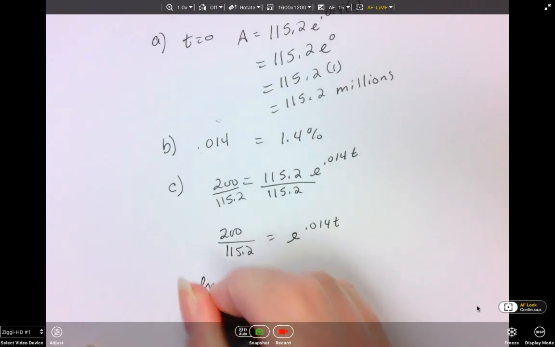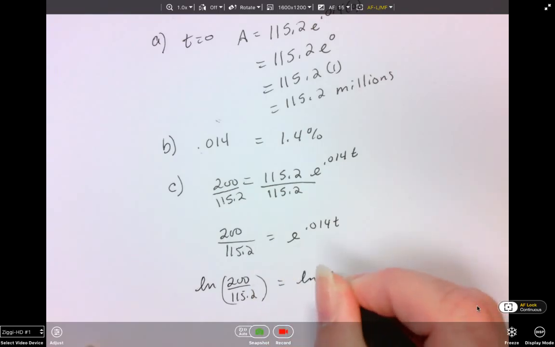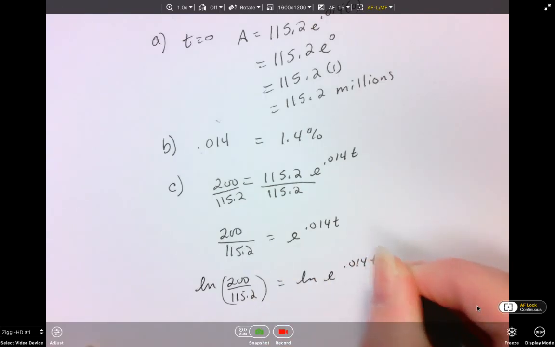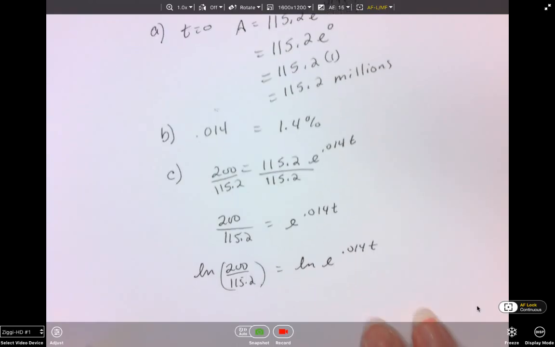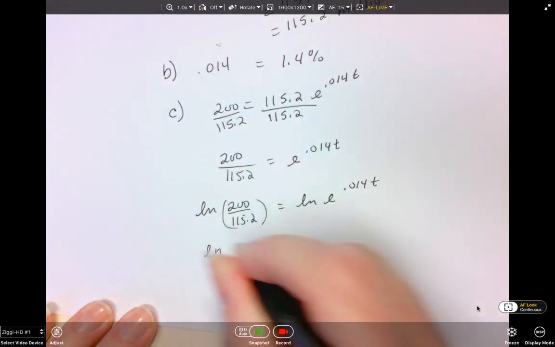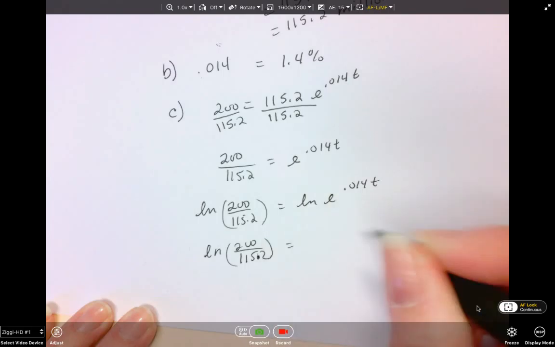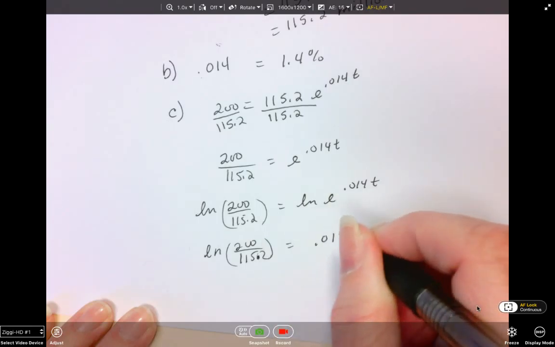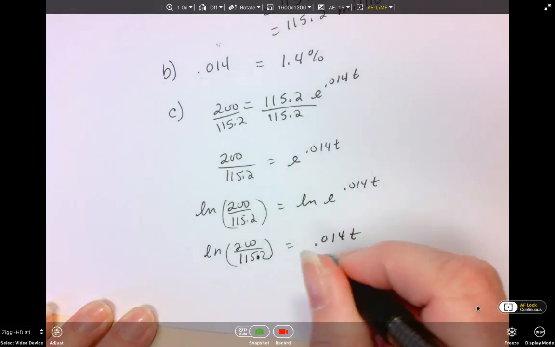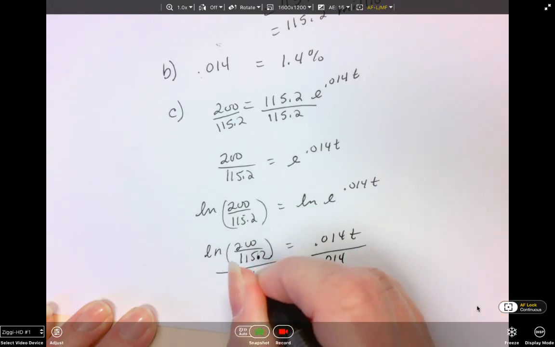So we're going to take the natural log of both sides, and this will be equal to the natural log of e to the 0.014 t. Well, since ln undoes e, we now have ln of 200 divided by 115.2 is equal to 0.014 t. Well, to solve for t, we're going to divide by the 0.014 on both sides.